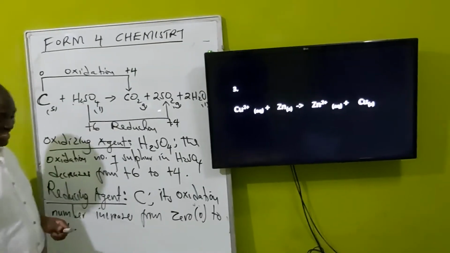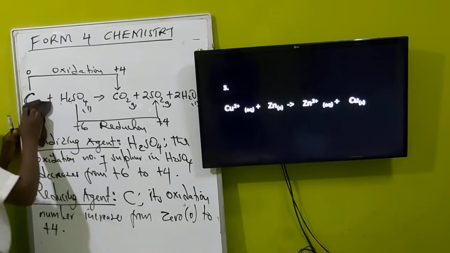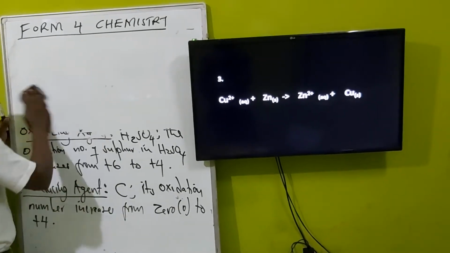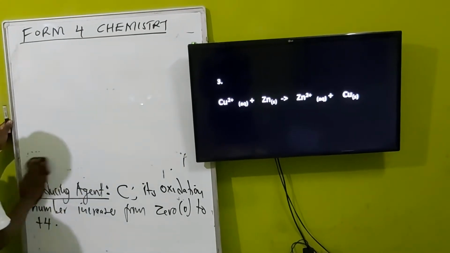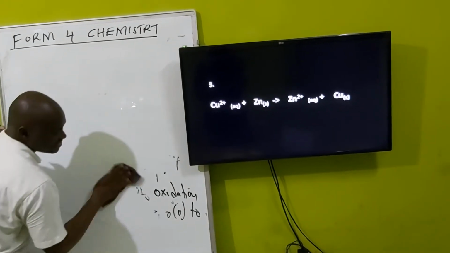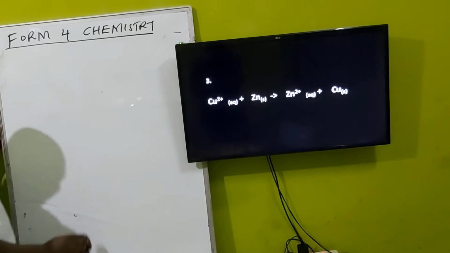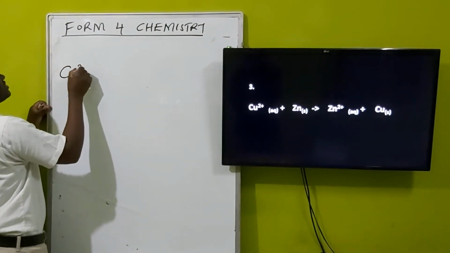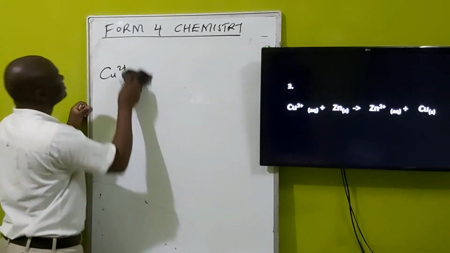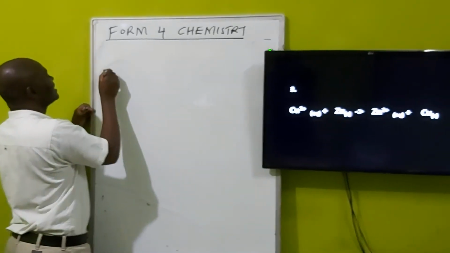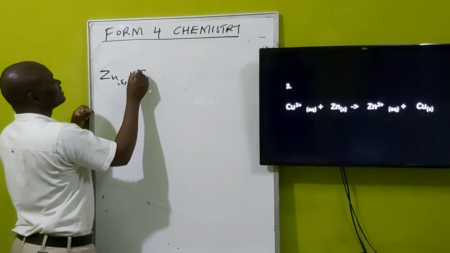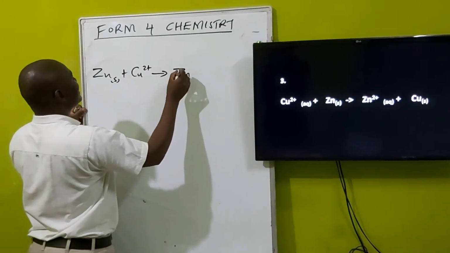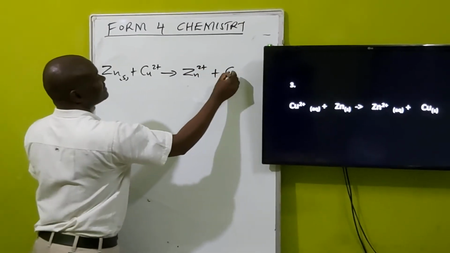Our last example is copper 2. Let me put it this way: zinc plus copper 2 to give zinc 2 plus copper.